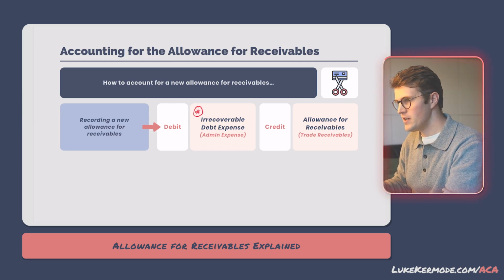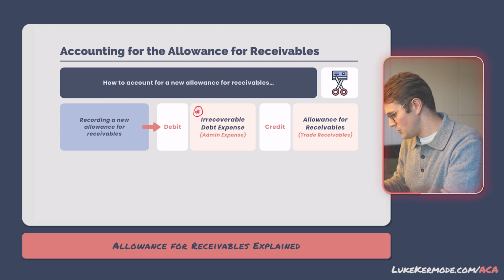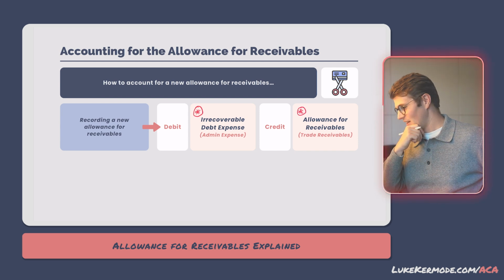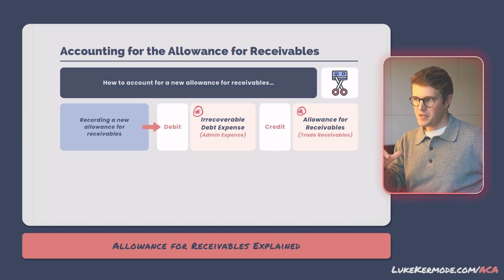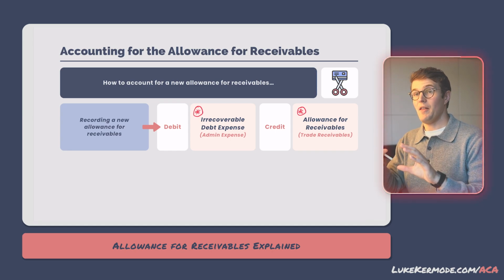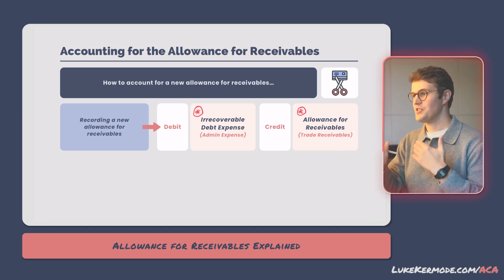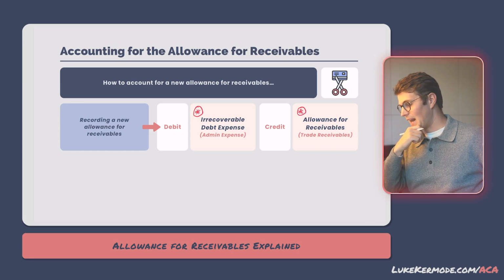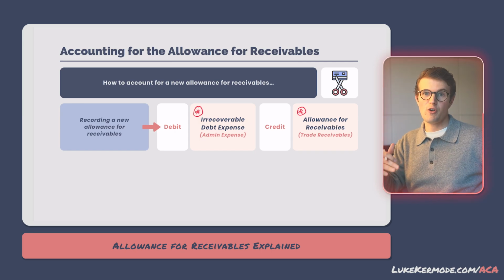The credit entry is posted to a nominal ledger account called the allowance for receivables. Now what's important about this account is it's not going to appear as a separate line on the balance sheet. Instead, how we reflect it is we net off the allowance amount from the trade receivables balance.